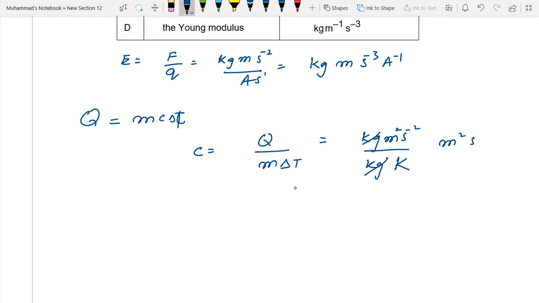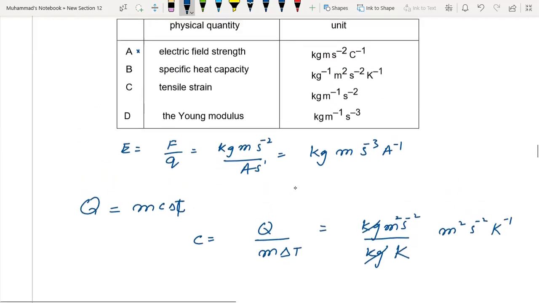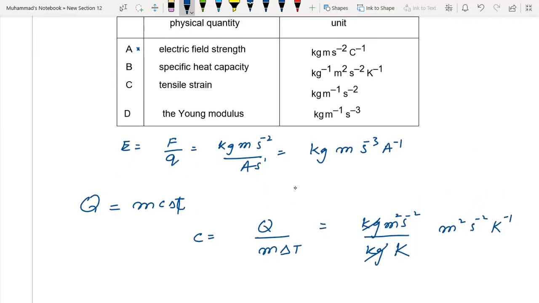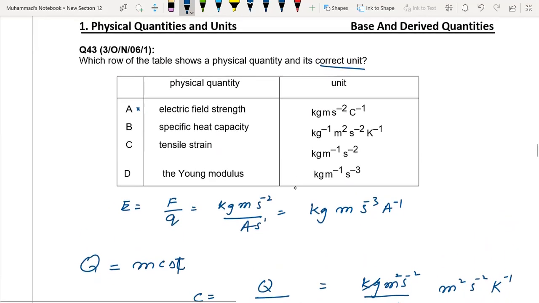So m square s minus 2 K minus 1. This is the unit of specific heat capacity, that is m square s minus 2 K minus 1. So B is also incorrect because the kg should cancel out. So for 43, we have to work for the unit of specific heat capacity. This is not the unit.